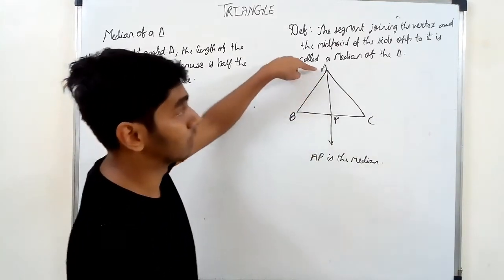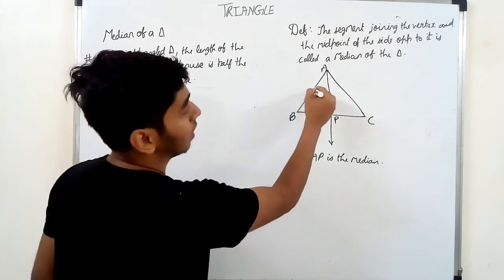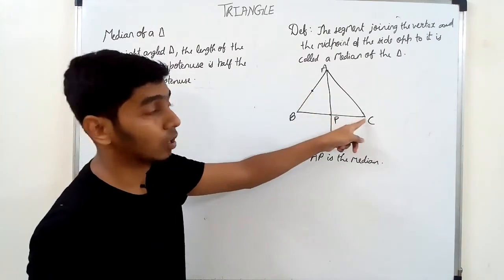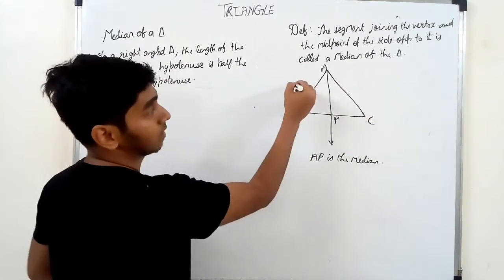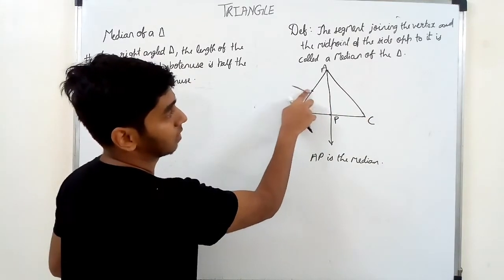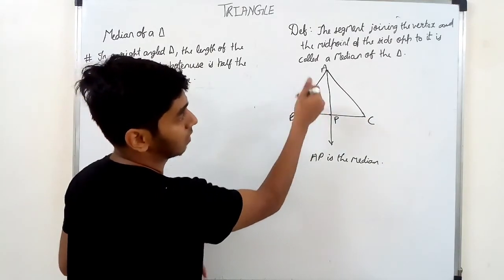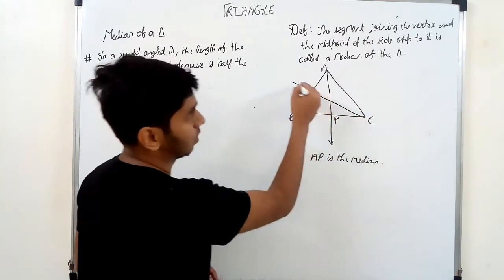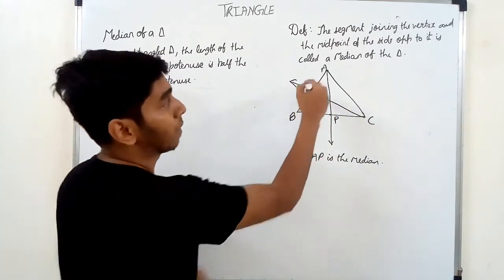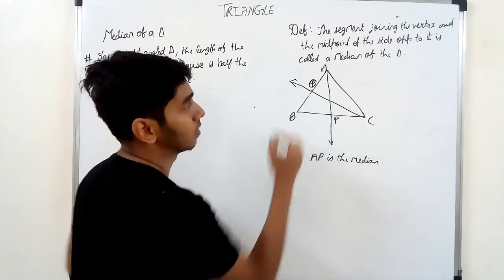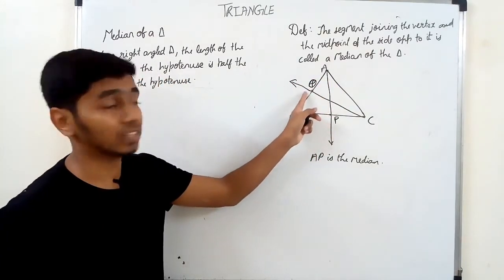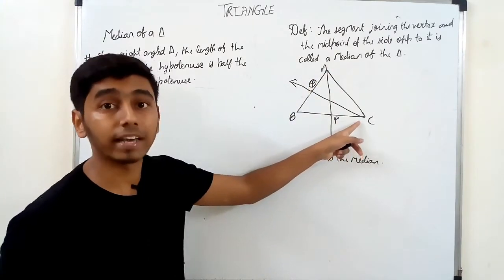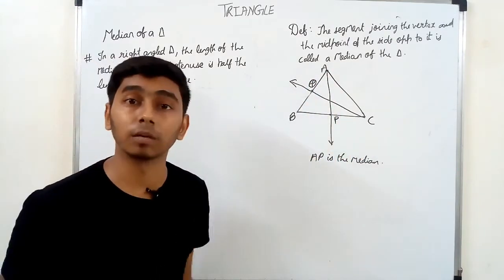Okay, so from any vertex we can draw. Let's find the midpoint of AB. Let's say it is this point. So the line passing through this point, which is the midpoint of AB, and vertex C, is called the other median.